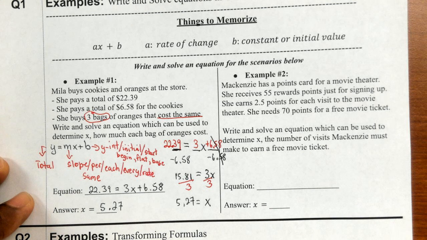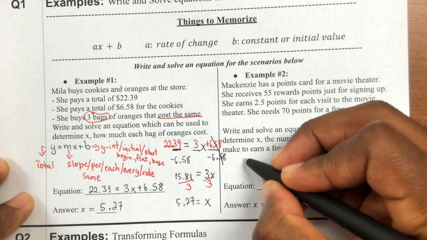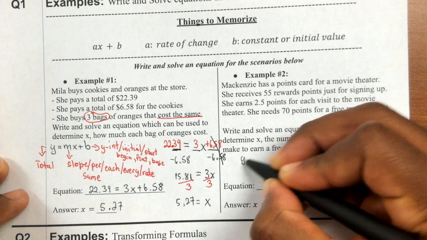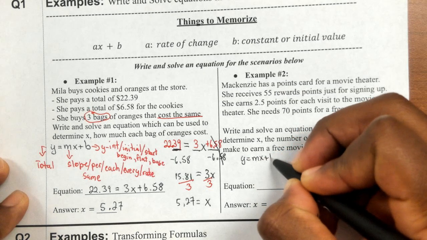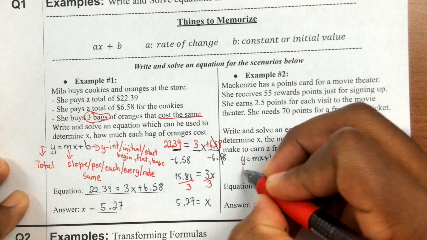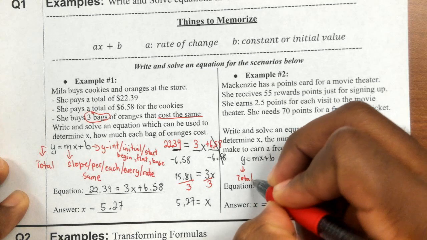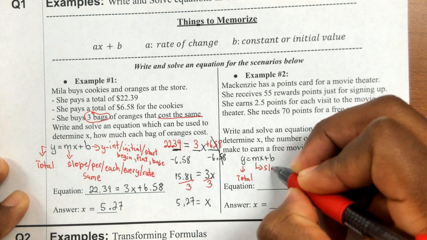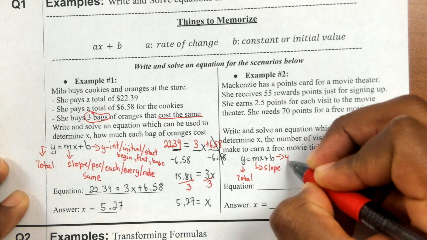Our total is that we want to get all the points necessary for a free movie. Again, we're representing it in the form y equals mx plus b. y is your total, m is your slope, and b is your y-intercept.